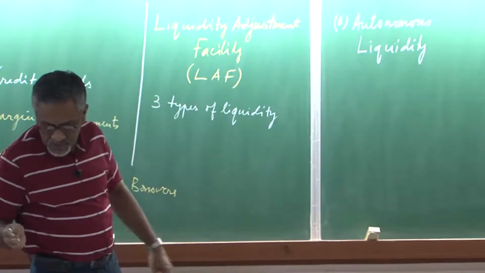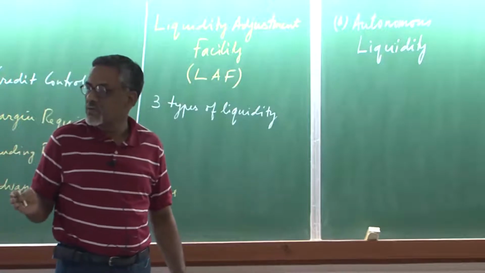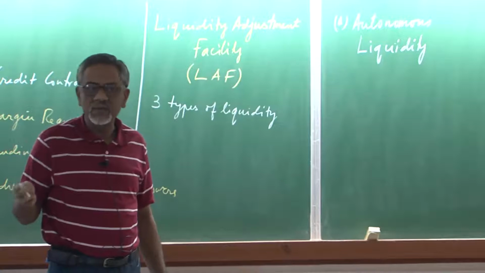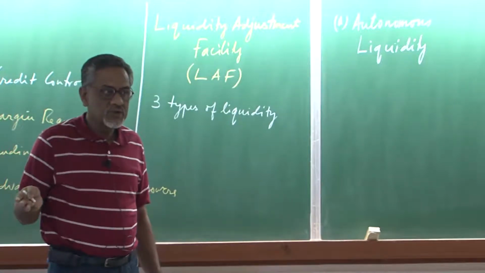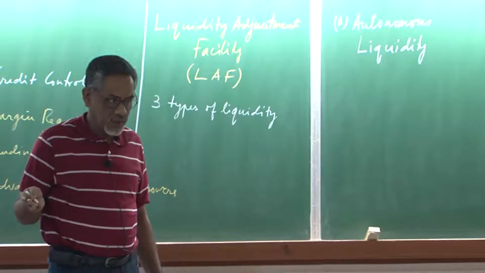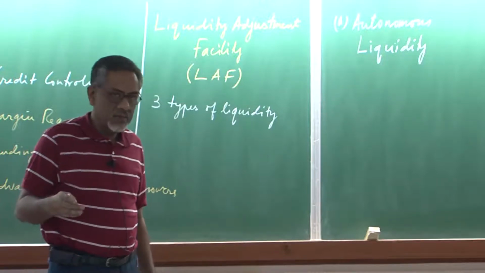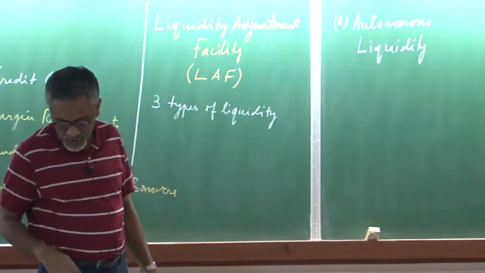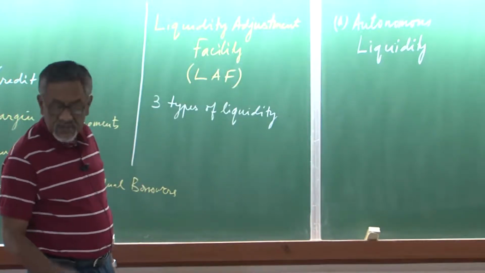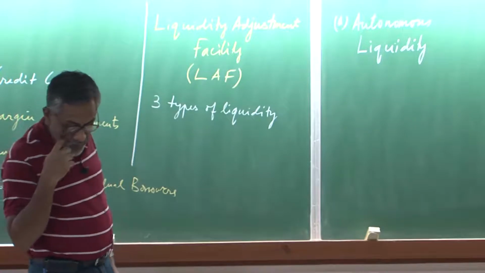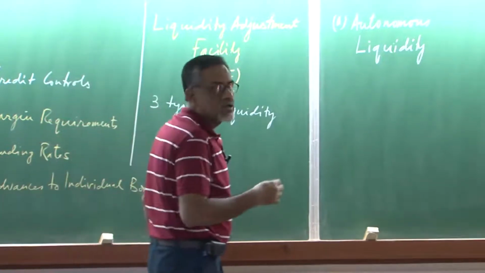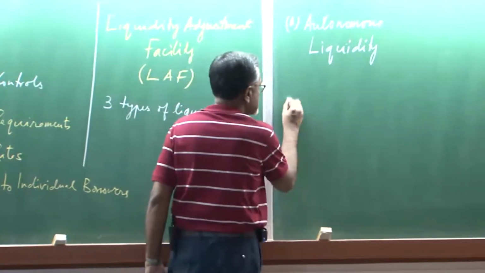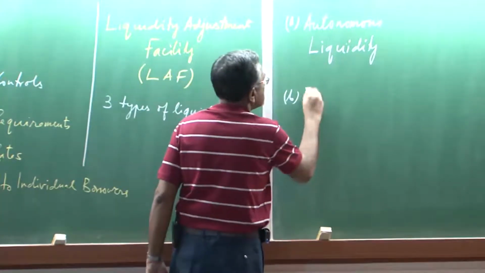This is as a currency authority and banker to the government, and often also as a banker to the banks, because banks often submit the bills they hold and rediscount them with the central bank and get the cash in return. This is autonomous liquidity. Then the other kind of liquidity that RBI manages is called discretionary liquidity.